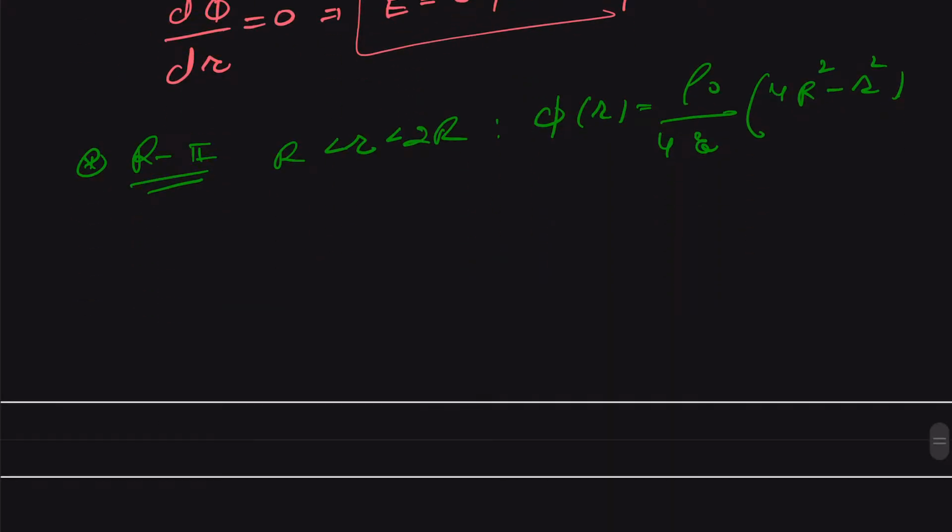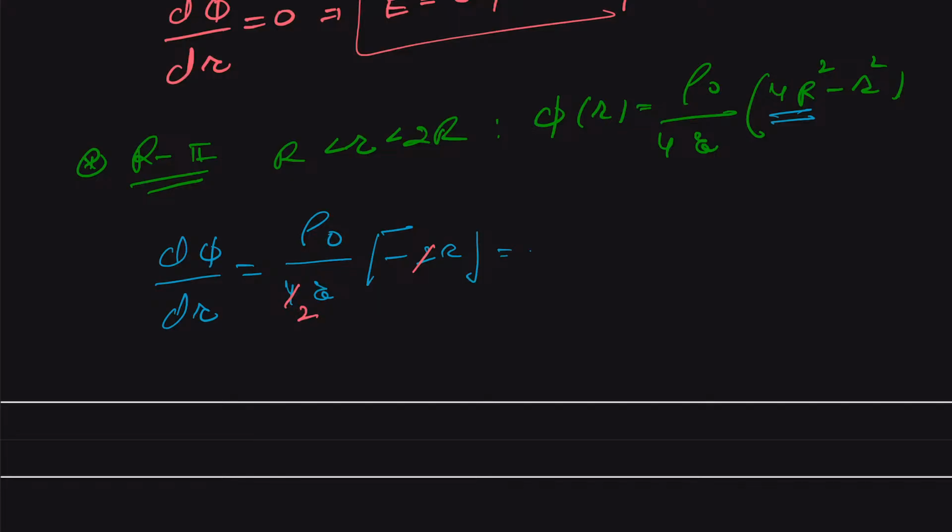So we simply differentiate it. d phi upon dr will be equal to rho naught upon 4 epsilon naught times, the constant gives 0, so this will be minus 2r. The 4 goes by 2, therefore this comes as minus rho naught r upon 2 epsilon naught.